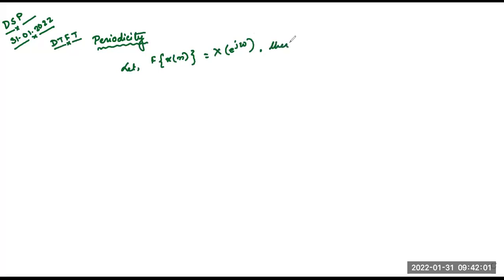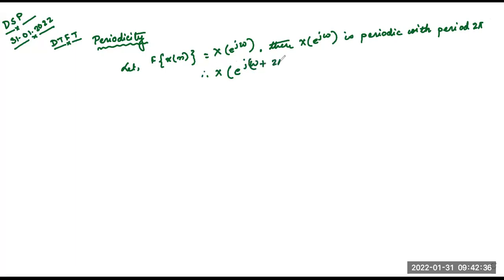Then X of e to the power j omega is periodic with period 2 pi, if X of e to the power j (omega plus 2 pi m) equals X of e to the power j omega, where m is an integer.